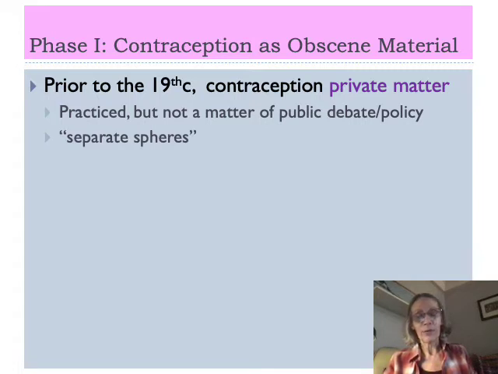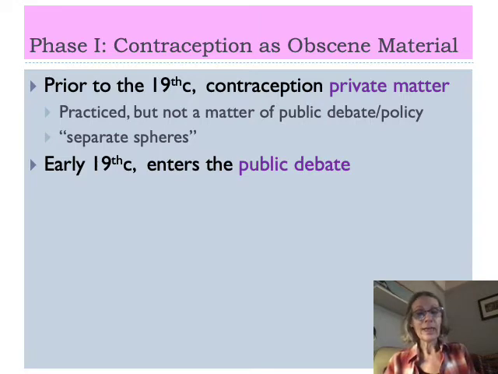And this is a reflection of the separate spheres doctrine, this idea that women have their private sphere and men have the public sphere, and that what goes on in the women's private sphere, information and distribution of herbs and objects that can prevent conception from taking place, that's in the women's sphere. You just leave that alone. There's no need for government to get involved in that regulation.